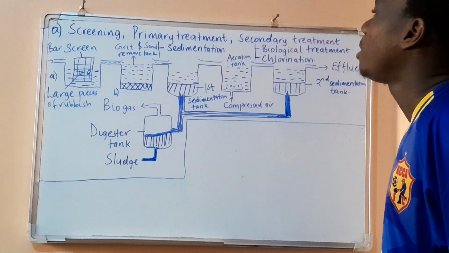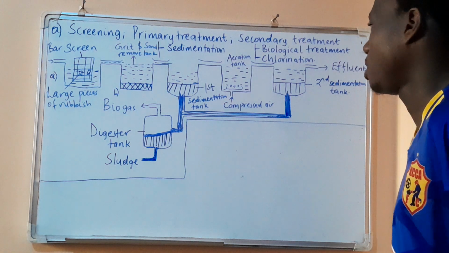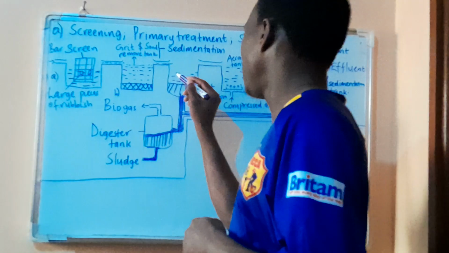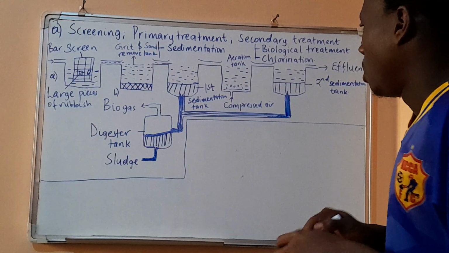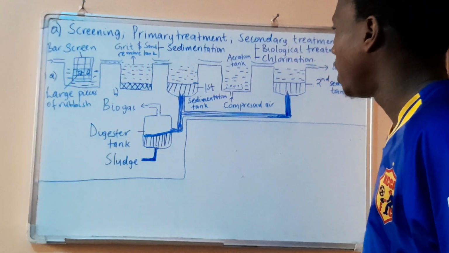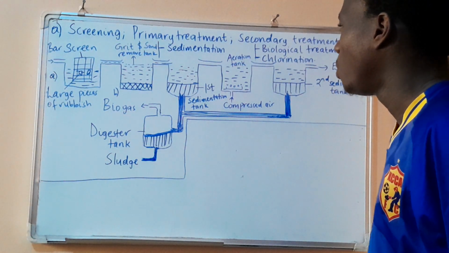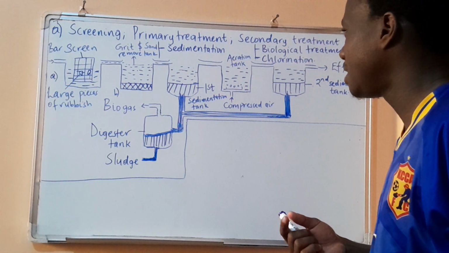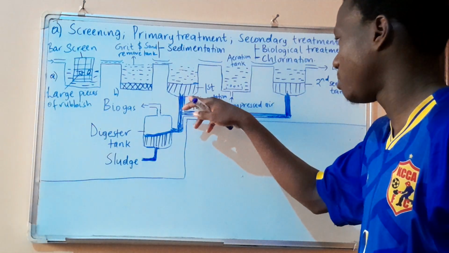Now, with primary treatment, we have the first sedimentation tank, whereby within this tank, the fine substances of solid are going to settle at the bottom.